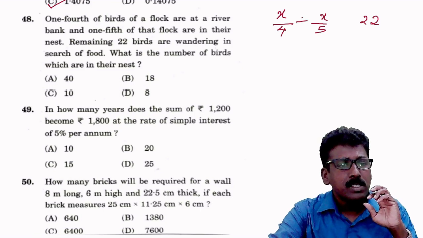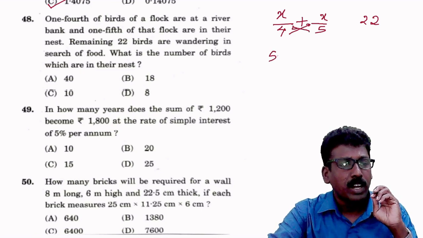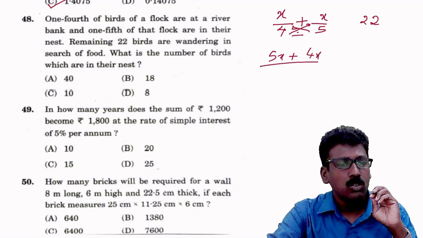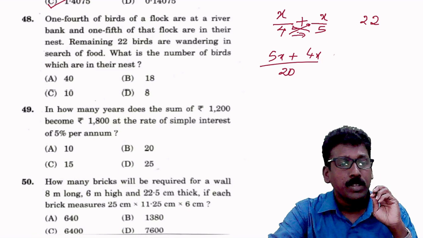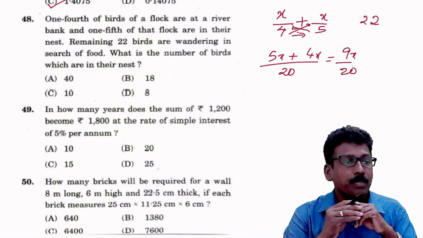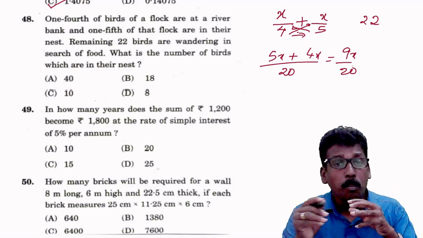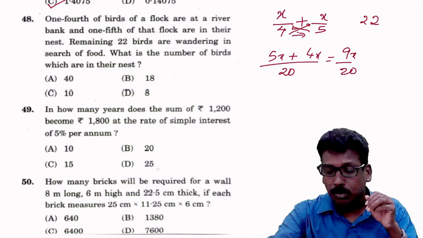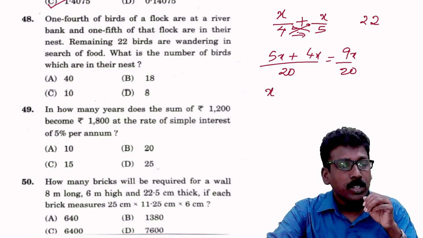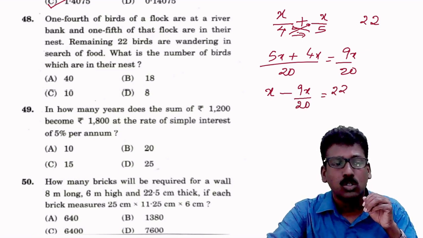So these two, if you add, what will you get? You better cross multiply. So x into 5, 5x plus 4 into x, 4x, then 5 into 4, which is 20. So 9x by 20 birds are there at the bank of the river and in the nest. So the remaining is 22. That means from the total, if you subtract this number 9x by 20, you must get 22.